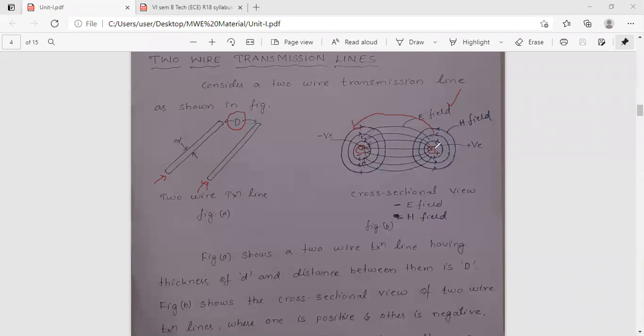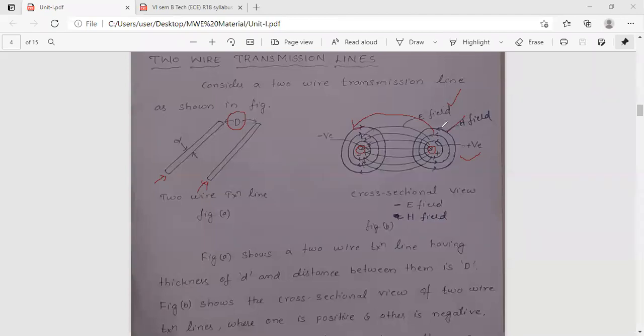From the right-hand thumb rule or Biot-Savart's law, if you make use of it here, when we place a right-hand thumb over here, you can observe that the thumb is placed towards you. When you place the thumb in this particular diagram in the positive wire, with the thumb pointing out to you, the folding of fingers represents the direction of magnetic field.